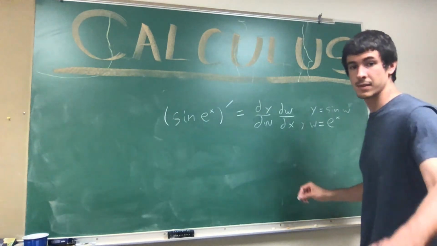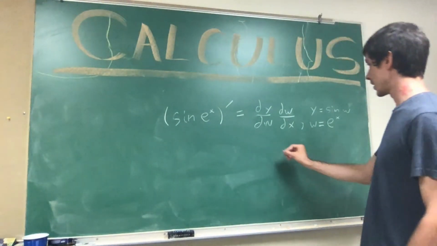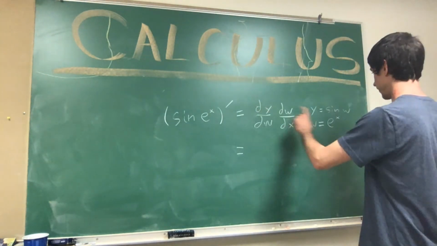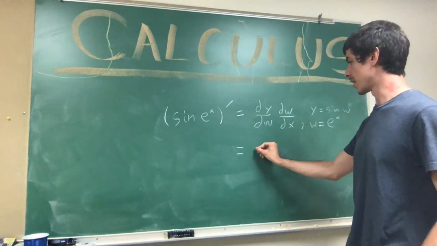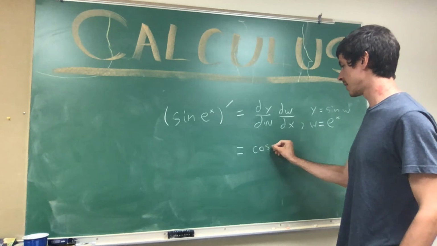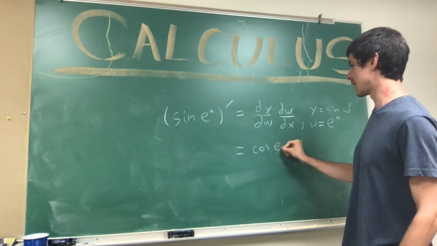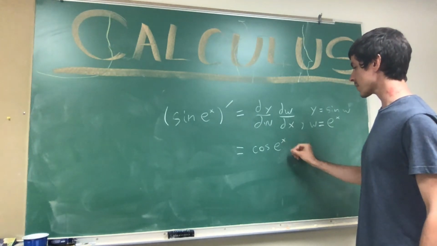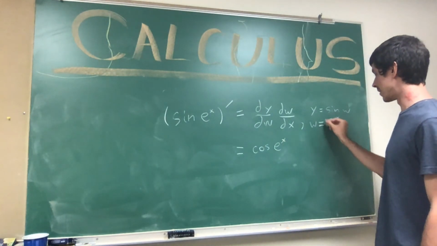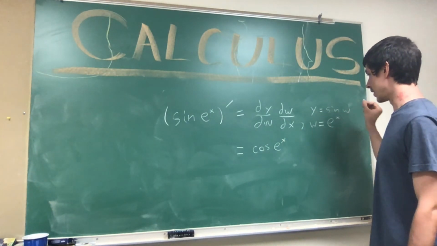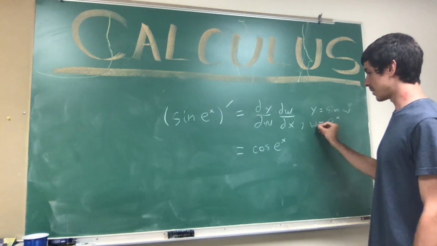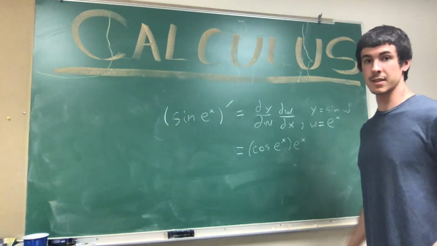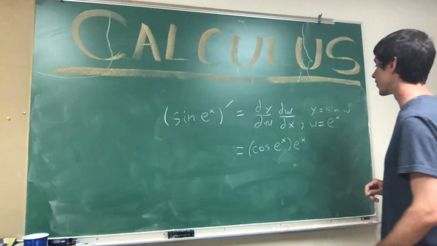And so this is going to equal: dy over dw is going to equal cosine of w, which is cosine of e to the x, so w is e to the x, and then multiplied times the derivative of w, which is going to be another e to the x. And so there we go, there's our answer, that's the derivative.